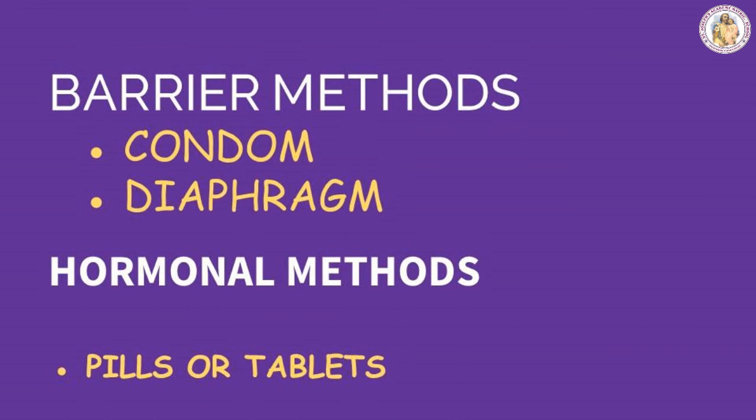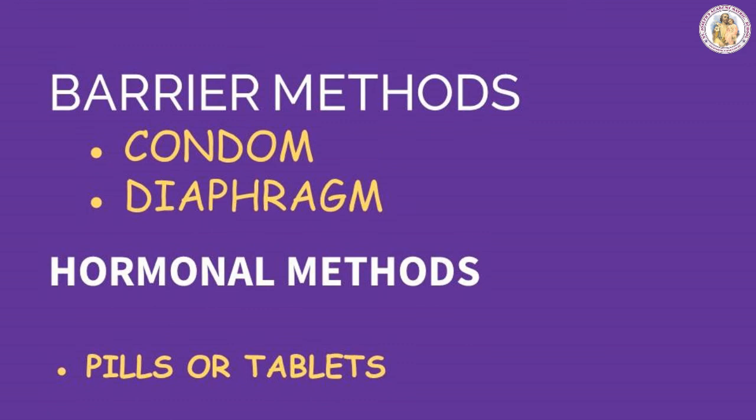Condoms are made of thin rubber or latex sheath. Condoms also protect against sexually transmitted diseases like AIDS. The second one is the cervical cap, that is the diaphragm, and the vaginal diaphragm fits into the vagina or a cervical cap fits over the cervix. Both prevent the entry of sperm into the uterus.